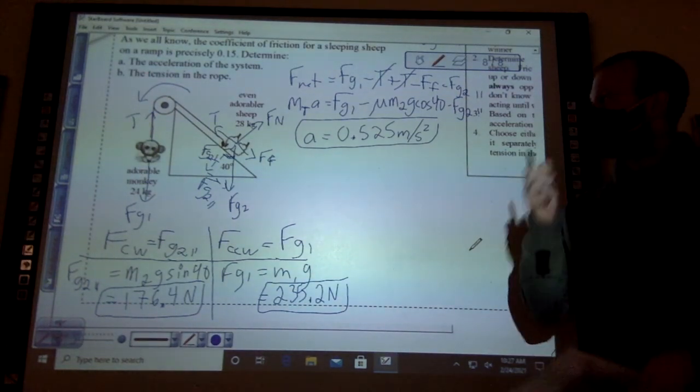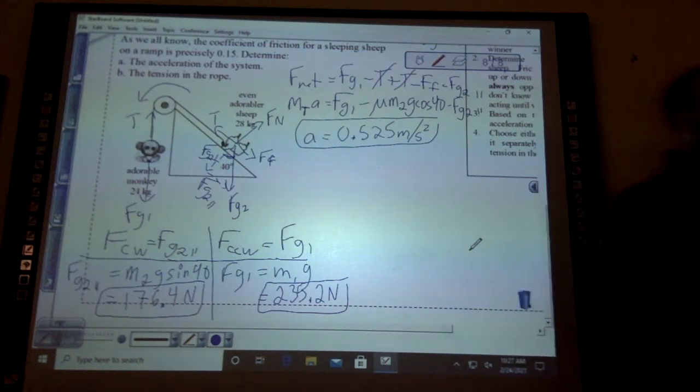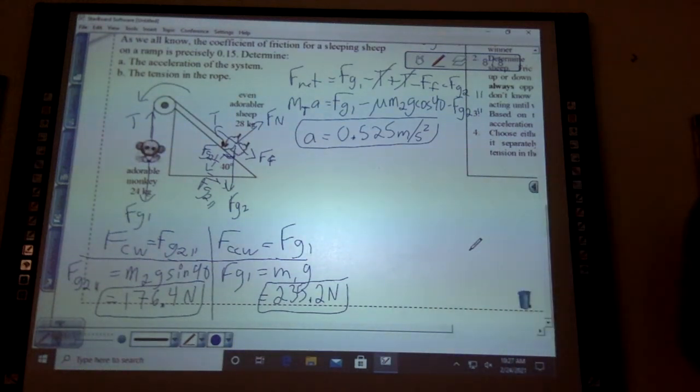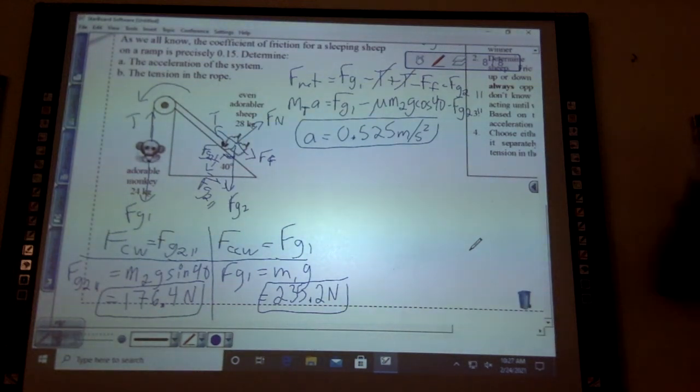Okay. So we're not done this question yet. If I'm solving for tension, what strategy am I going to use in this case? Pick one of the objects. Which one looks like the easier one? The elephant.